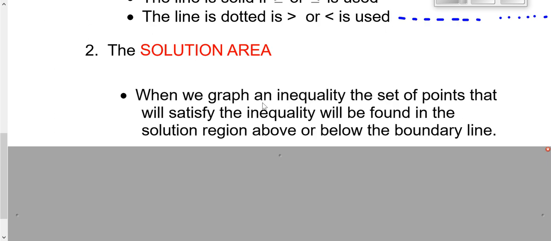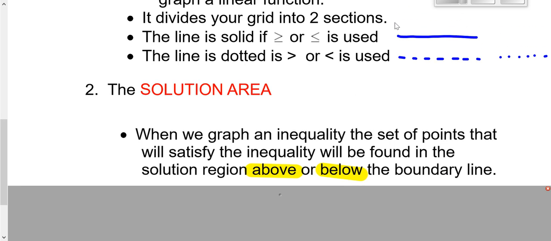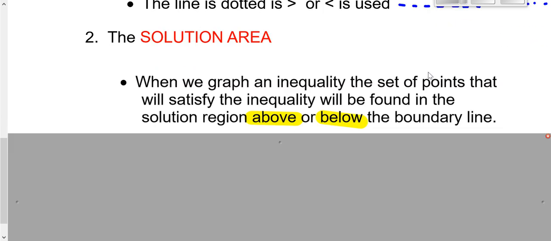So when we graph an inequality, the set of points that will satisfy the inequality will be found in the solution region, either above or below the line. Again, the boundary line could either be a solid line or a dotted line, either way.